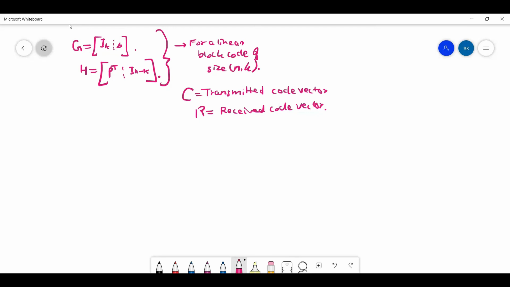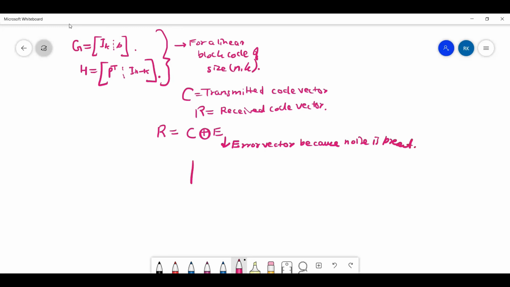So if it is occurring in the presence of noise, we can write R is equal to C modulo addition with E, where E is the error vector. We had to define the error vector because we are considering the system to be noisy, because noise is present.